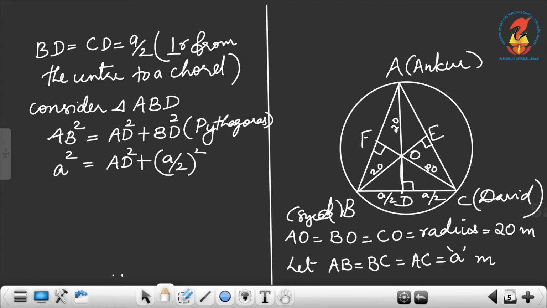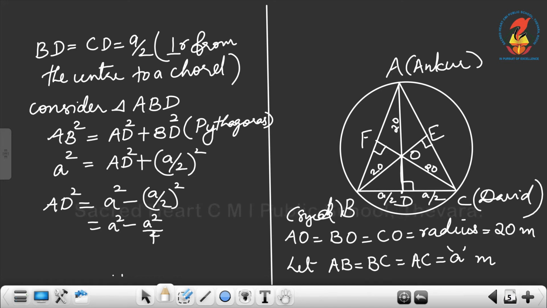So, we can keep AD square here and we are taking a by 2 whole square to the other side. So a square minus a by 2 whole square, which is equal to a square minus a square by 4, which is equal to 4a square minus a square divided by 4, which is equal to 3a square by 4.